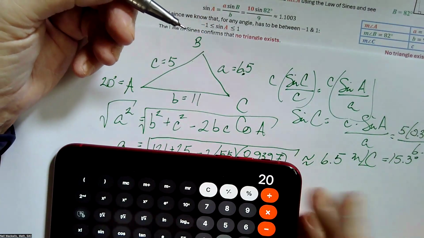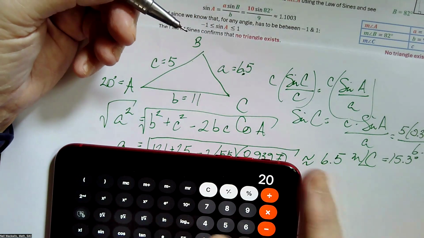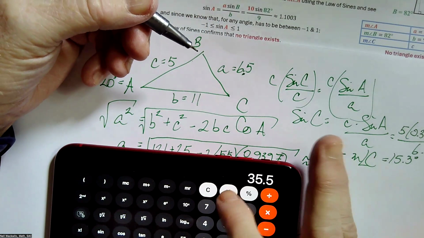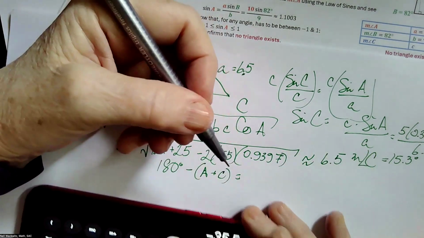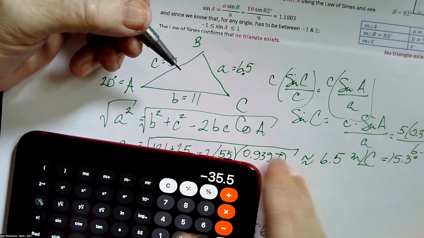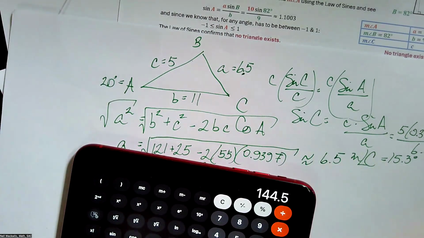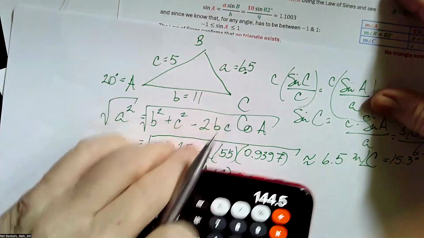A was 20, C is 15.5. Negate that sum and add it to 180. We get 144.5. So I know angle B is greater than 90.